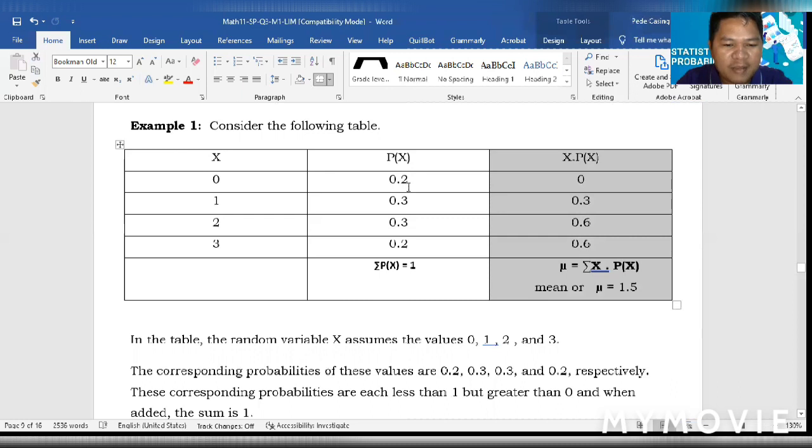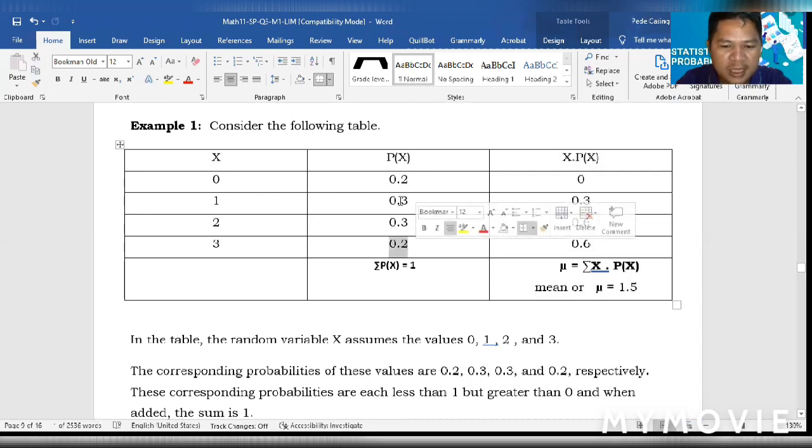So for example, ang given natin sa probability of x 0, ano ang answer is 0.2 or the given. Ang 1 dito, ang probability ay 0.3. Ang x, when x equals 2, 0.3. When x equals 3, ang probability ay 0.2. Given na po ito sa table.